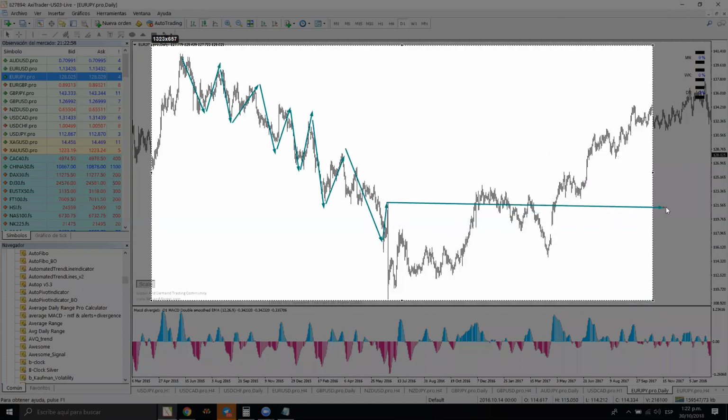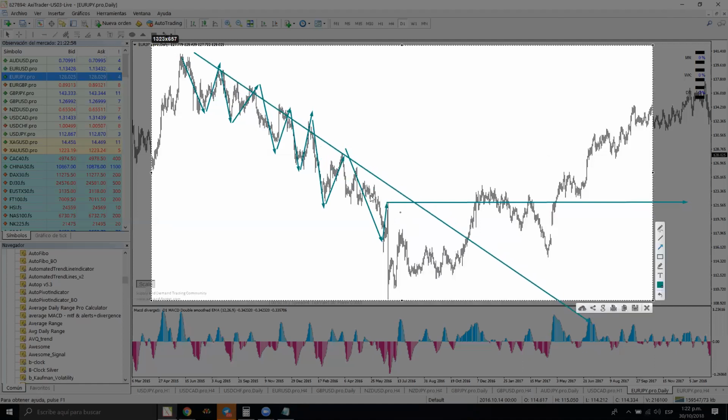Now we have this special point. It was the last support in this downtrend. Price fell down. We're still in a bearish trend. Nothing special. At this time, boom, momentum is created.